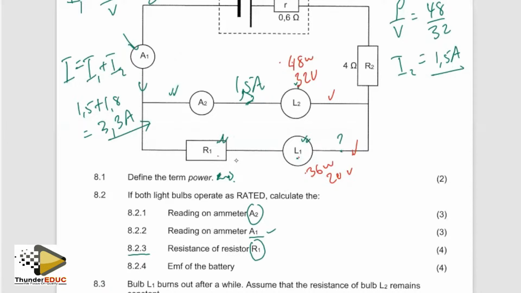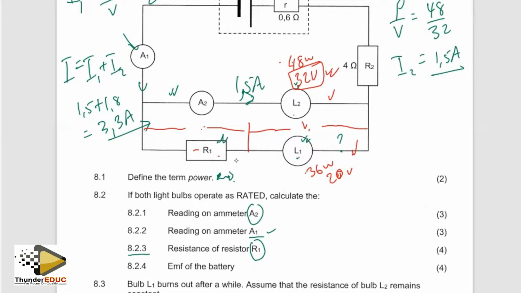But R1 and this bulb are in series, and in series there is a voltage break, so the voltage here will be different from the voltage across R1. Since L2 is the only resistor up here, and the total voltage across is 32, the total voltage across this one must also be 32.